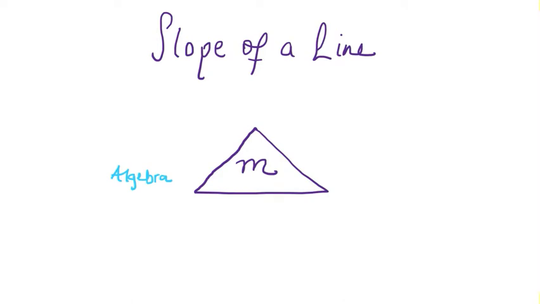If you're solving this algebraically, if you subtract y1 from y2, you get a number, and if you do the same thing for x, x2 minus x1, you also get a value. Once you divide the change in y by the change in x, you'll be able to determine the slope algebraically.